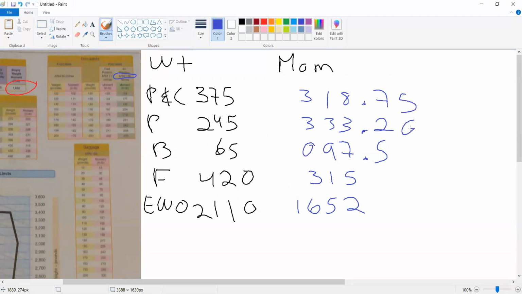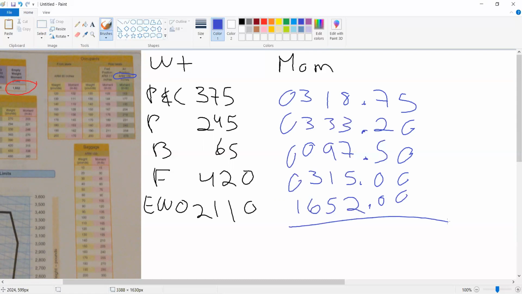All right, so we have all our numbers. Now we can add.